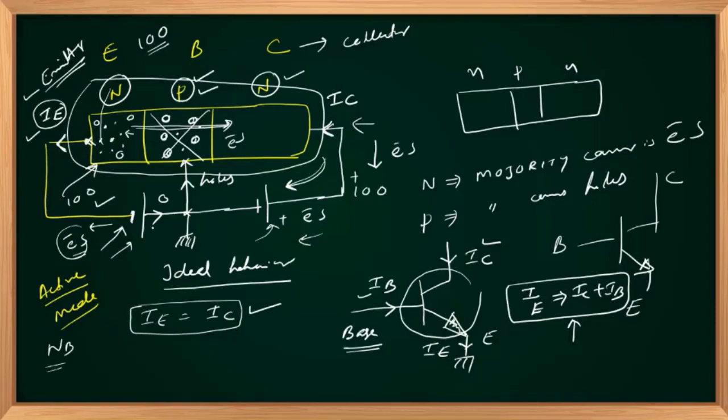So this positive pole need not replace the holes, implies there won't be a hole flow into the base, implies base current will be 0. And when base current is equal to 0, your collector current should be equal to emitter current as per KCL around the node, at the transistor node. So an ideal transistor implies its collector and emitter currents are the same and it won't have a base current. That is the ideal behavior of a transistor.